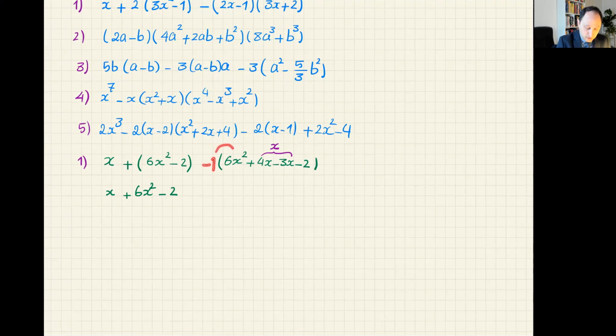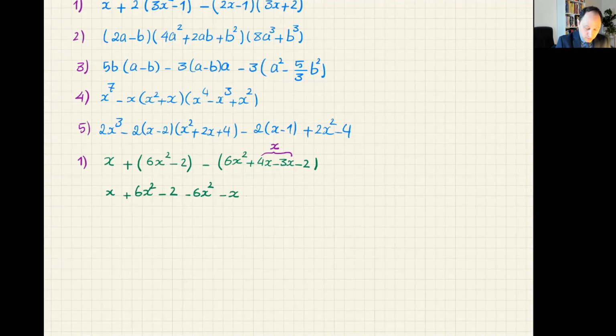So when you multiply it, it not only multiplies here, but also here and there, yes? So it means that whatever is negative, it turns into a positive term, and whatever is positive, it turns into a negative term. So 6x squared is positive, but after this minus sign is applied, it becomes negative 6x squared. This x is positive 1x, yes, because the difference between these two is positive x. And when I multiply it by negative sign, it becomes negative x. And then finally, this negative sign will be multiplied here.